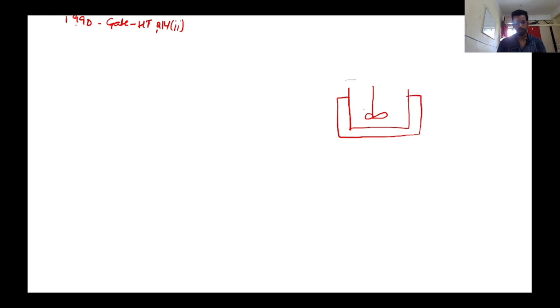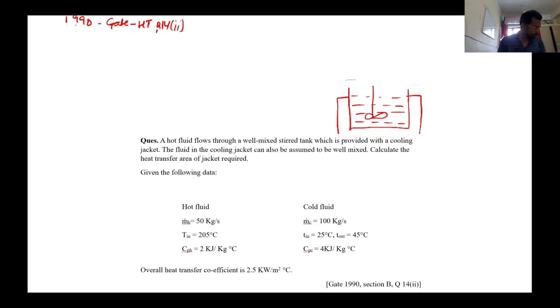Stirring always makes uniform temperature or concentration, so here we will talk about temperature. The fluid in the cooling jacket can also be assumed to be well mixed. Calculate the heat transfer area. We have to find the area of heat transfer.